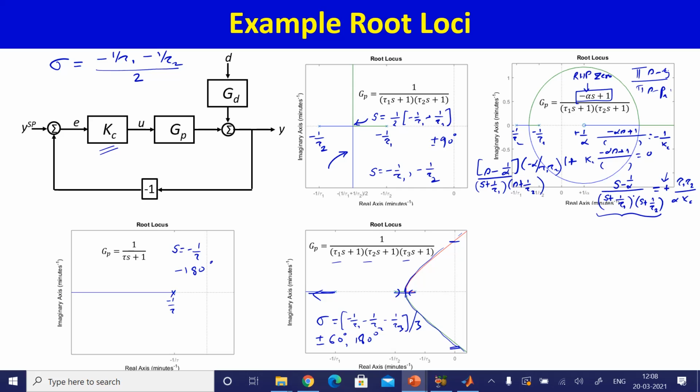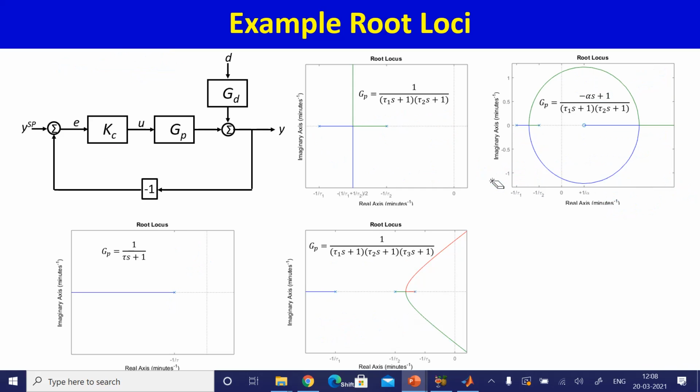And therefore now with this knowledge, if you look at the root locus, let's start asking questions. Does the locus exist on this part? Obviously it's shown here, but why does it exist on this part? Because the number of critical points to the right is 0, which is even.